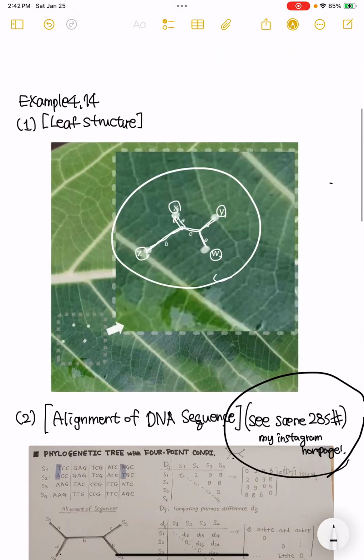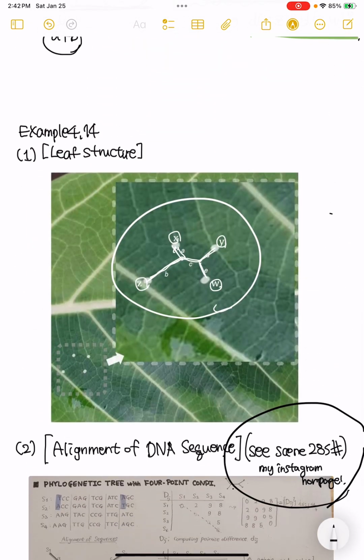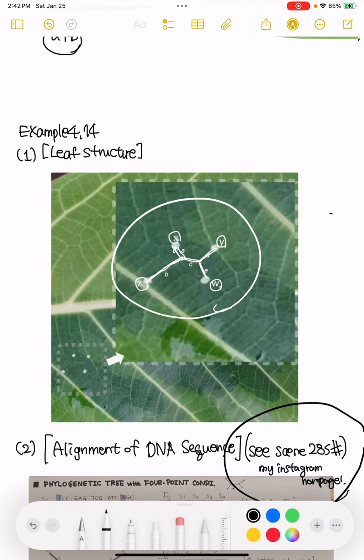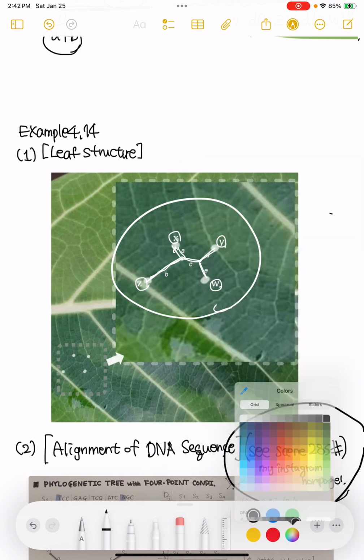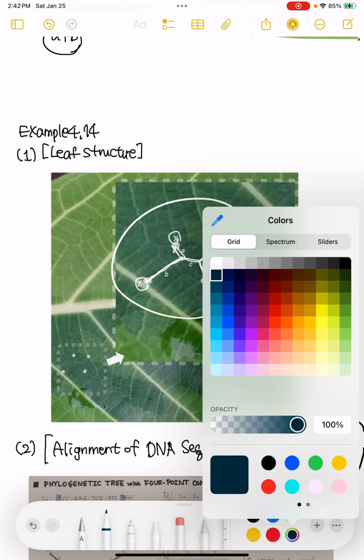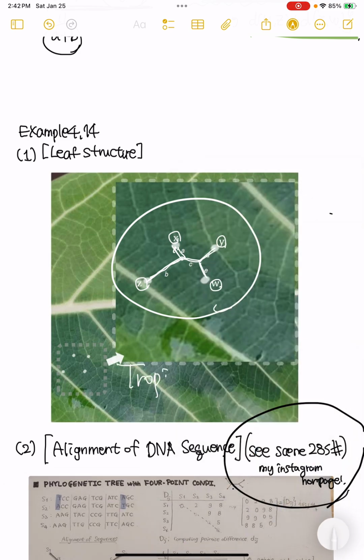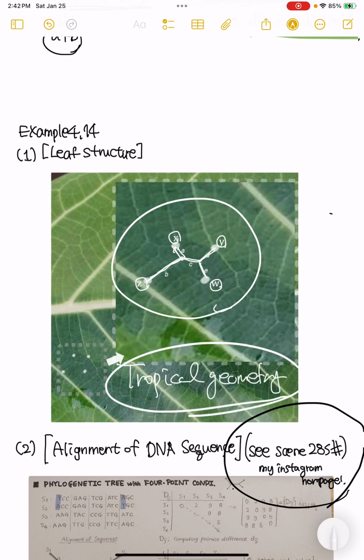And surprisingly, when you observe the leaf structure, the field is tropical geometry. This is quite related to leaves and natural phenomena.